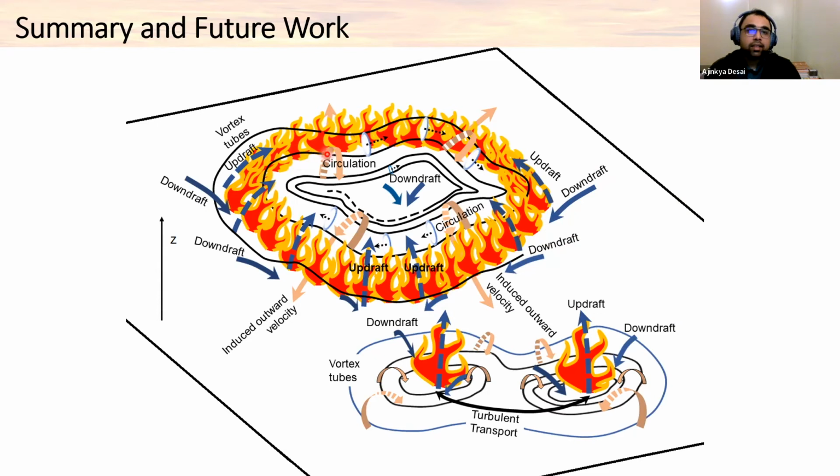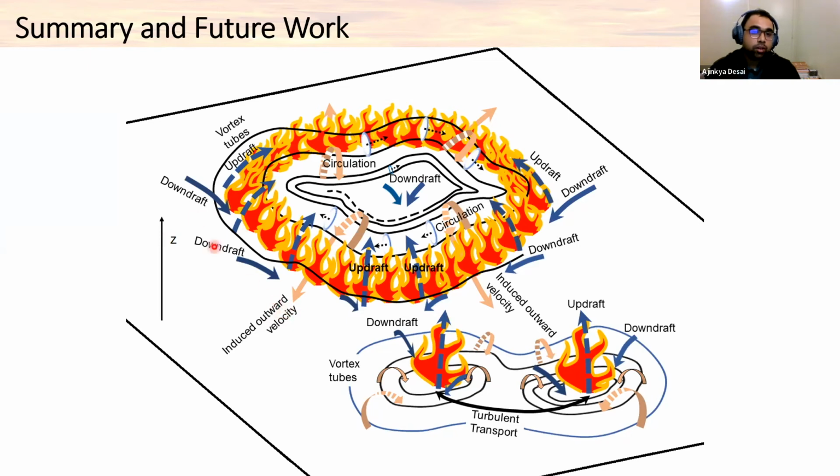Then you have these circulation structures traversing the fire perimeter, which push hot gases outward. Those hot gases are being pushed from the flame towards the unburned fuel, and that hot gas going towards the unburned fuel is igniting the unburned fuel.